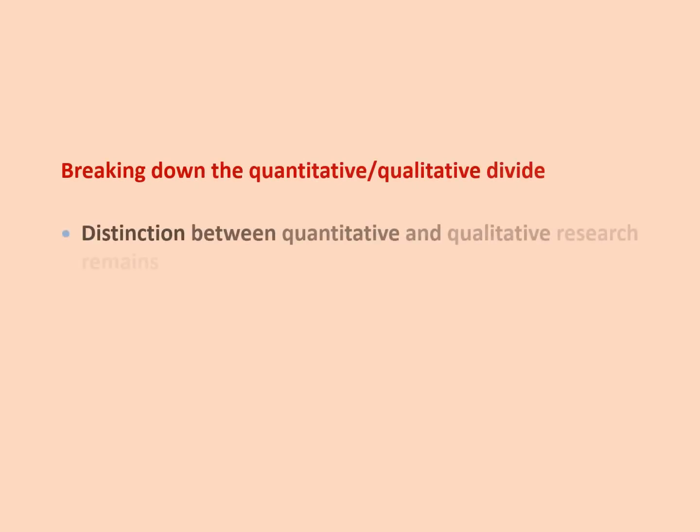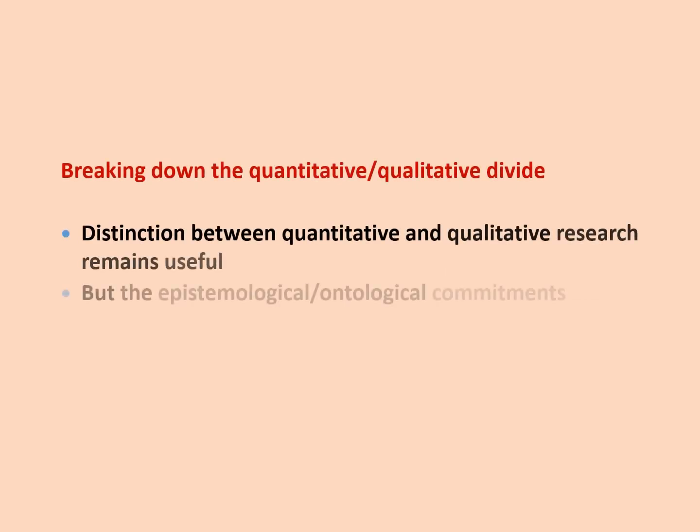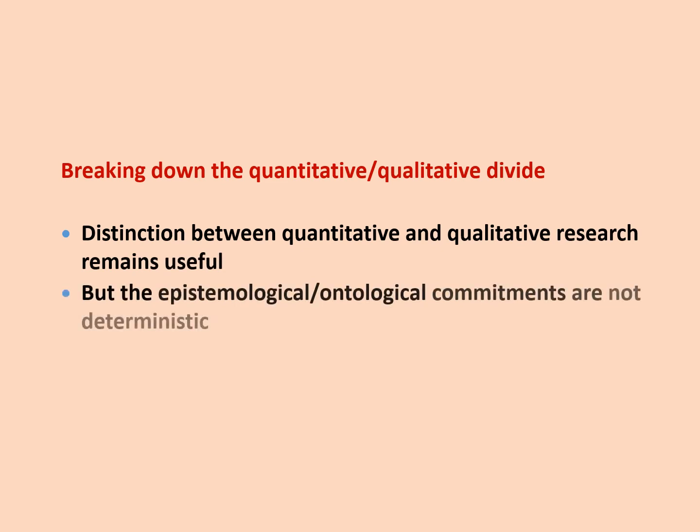As you saw in the video, there is space to bring together different aspects and components of quantitative and qualitative ways of doing social research. So, in other words, it is possible to break down the quantitative-qualitative divide.